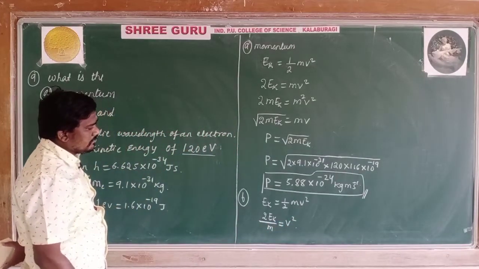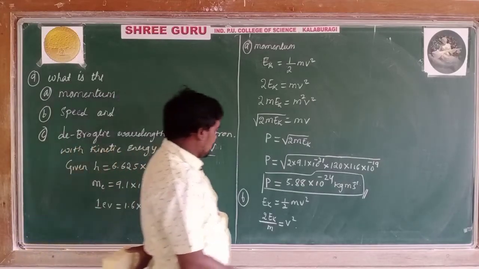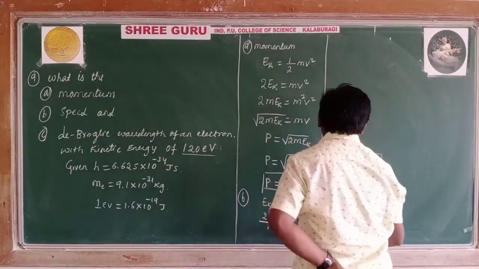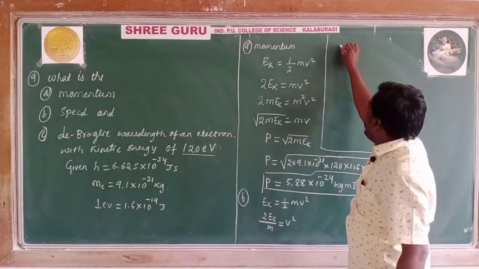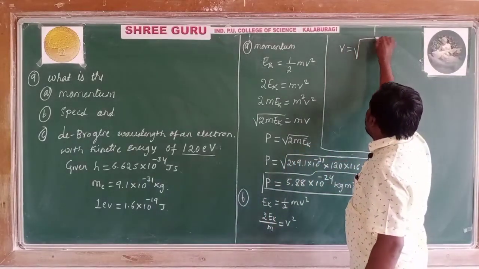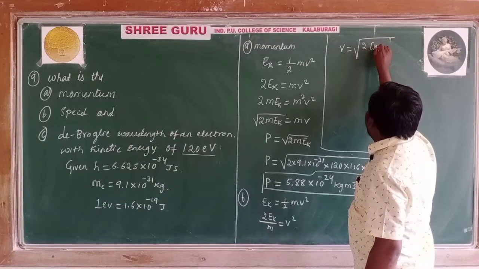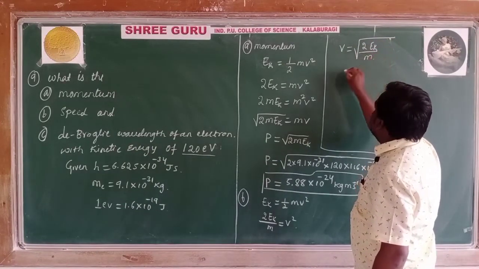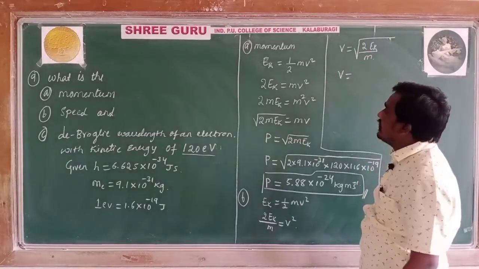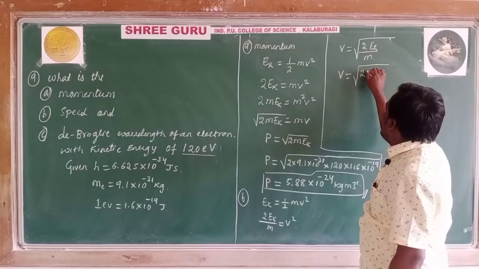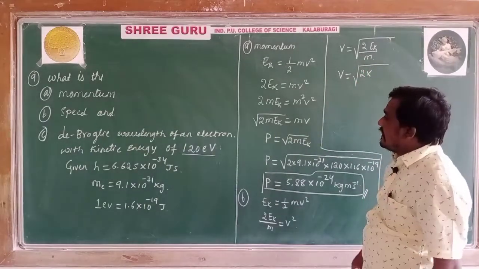Now v is equal to under root of 2EK by m. Now substitute the values, all the values we know. Under root of 2 into EK, what is our kinetic energy?